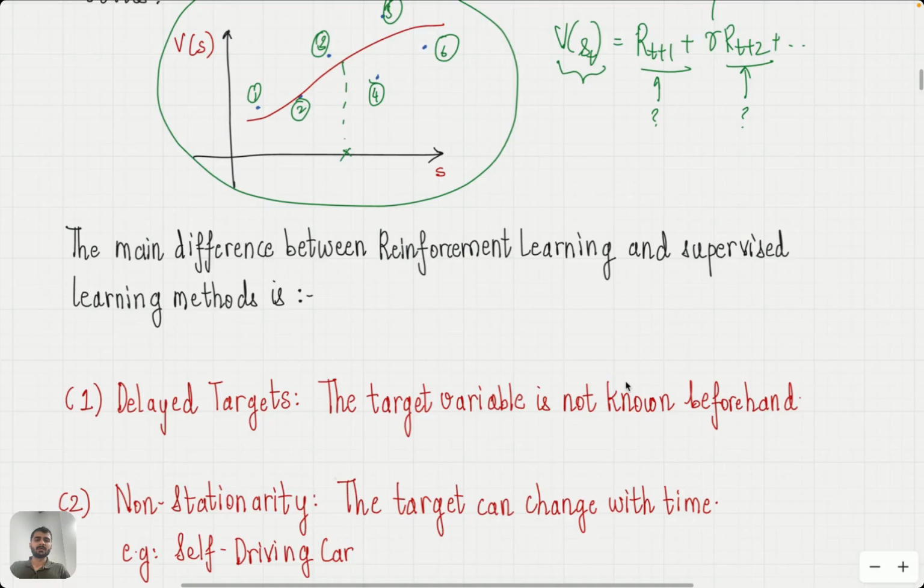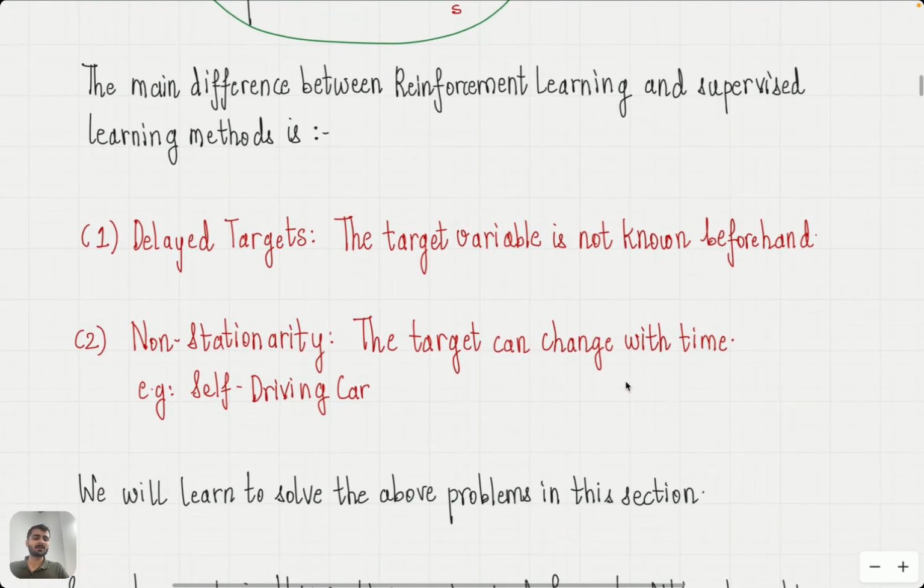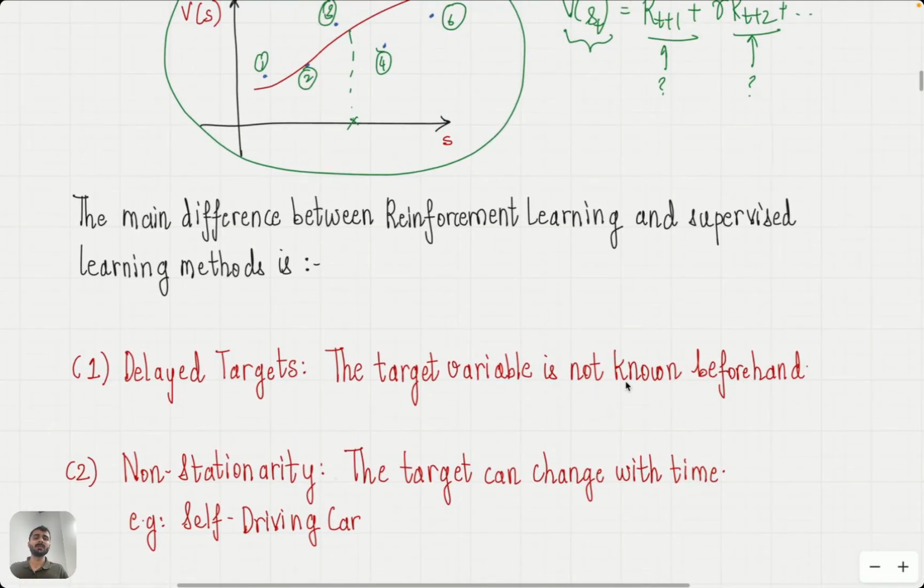So firstly, the target variable is not known beforehand, and secondly, the target continues to change over time if the environmental conditions continue to change. Because of these two issues, it is not as simplistic to apply the methods used in typical function approximation use cases to reinforcement learning.